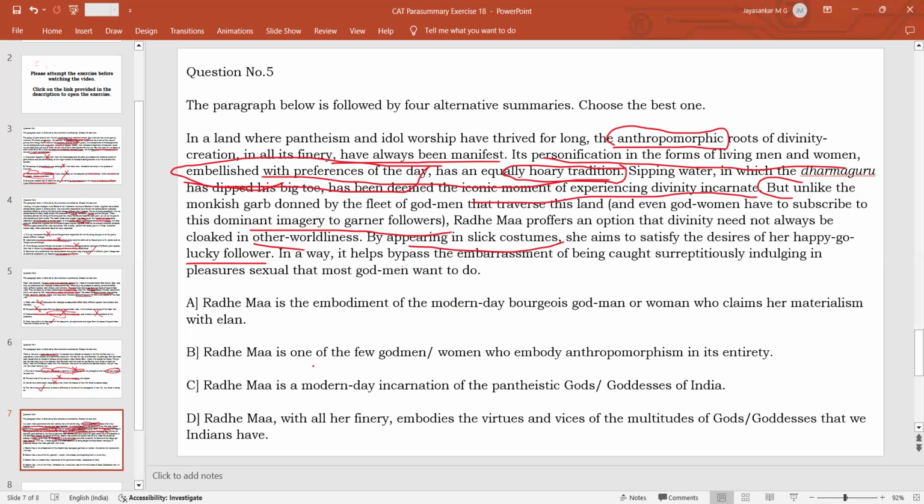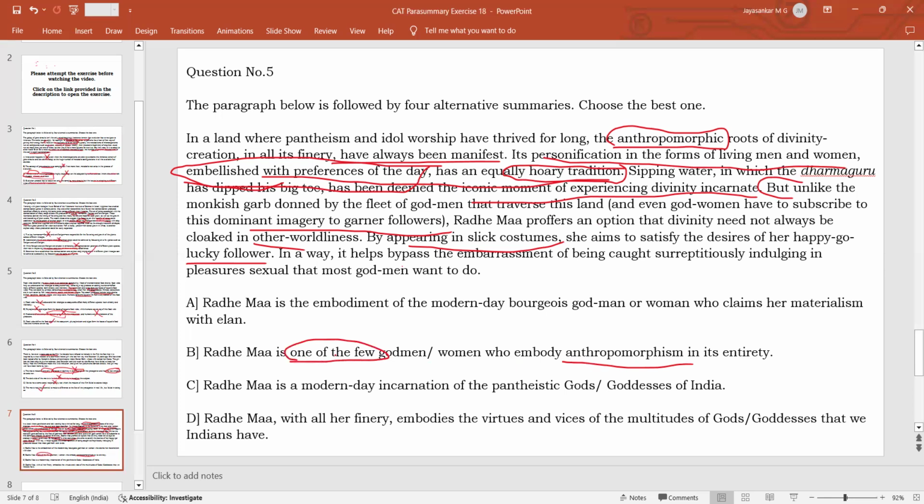Keep it in your mind. Option B: Radhema is one of the few godmen or women who embody anthropomorphism in its entirety. Anthropomorphism is human-like characteristics. So yes, she is representing the human-like characteristics of godmen or godwomen. But is she one of the few? Do we know that?